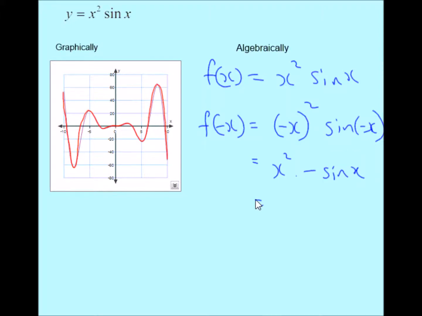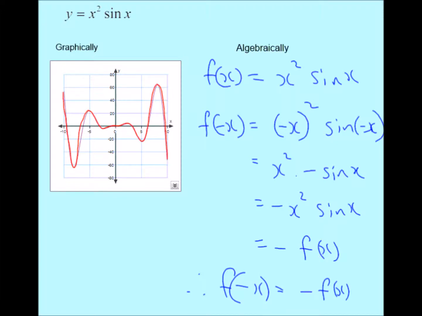So we simplify that and we'll put the negative out in front, x squared sine x, which is in fact negative the original function. So in this case, f of negative x is equal to negative f of x, and that implies we have an odd function. So we've shown it both graphically and algebraically.